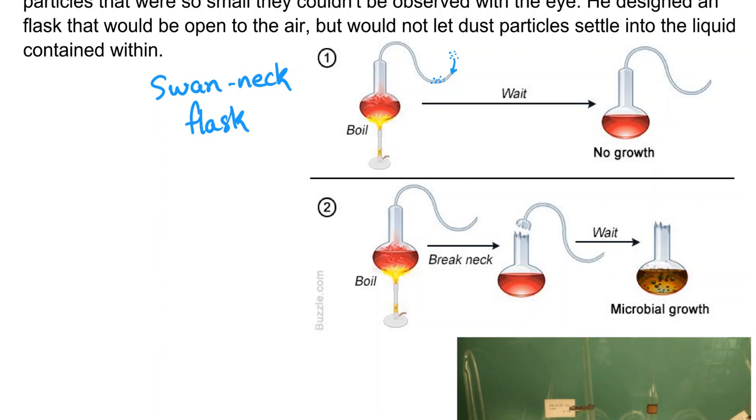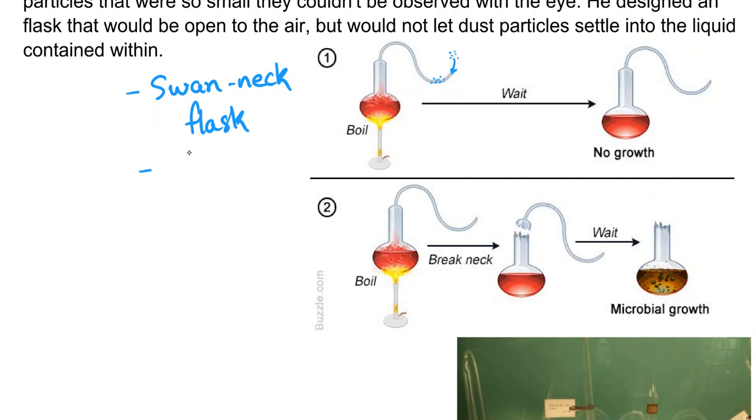What he also did was boil the broth with the exact same type of swan neck flask, and he would let it sit, and there would be no growth for as long as it had the swan neck on it. But he would break the flask, and a few days after breaking the flask, that's when he saw the growth on it.